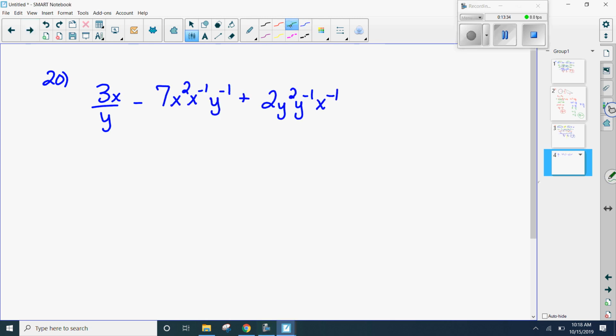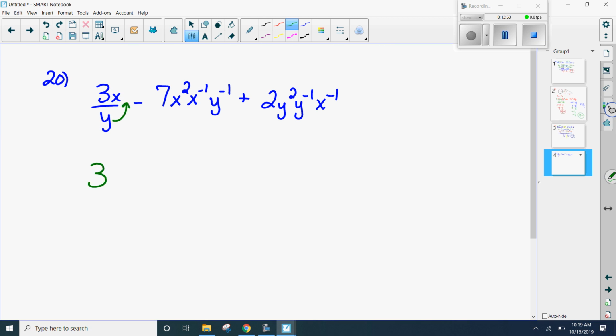Okay, so the question asks you to simplify by adding like terms. When you look at those, none of those terms seem to be the same, but we can simplify each term itself and then compare them. It's best to either make them all positive exponents or move everything into the numerator and compare your exponents. So if we look at the first one, I tend to like to move them up to the numerator.